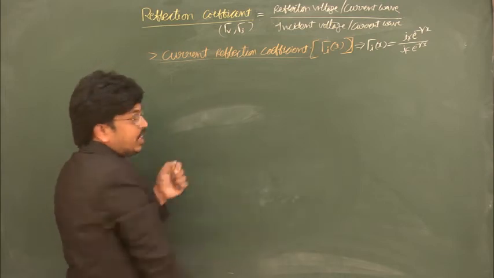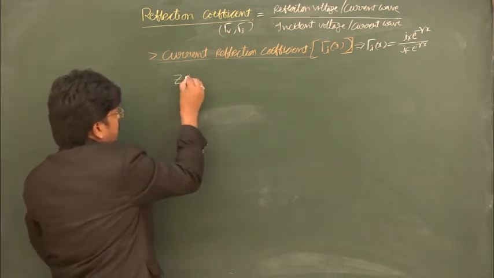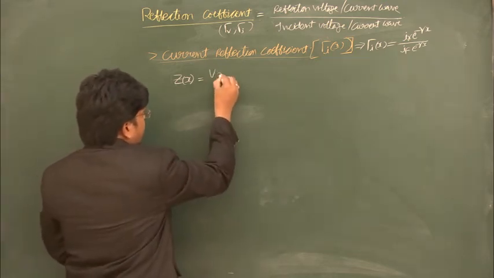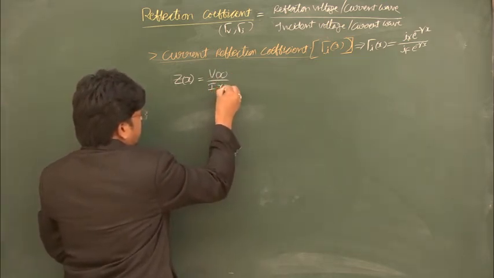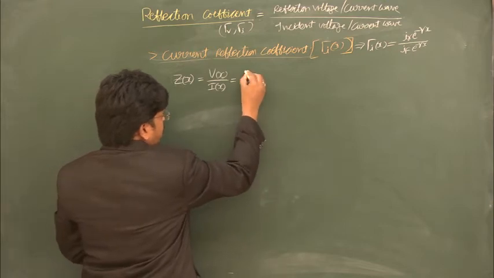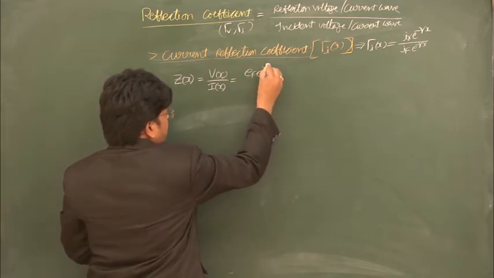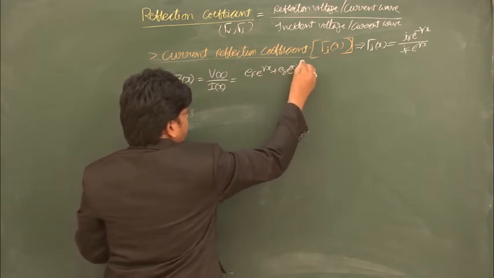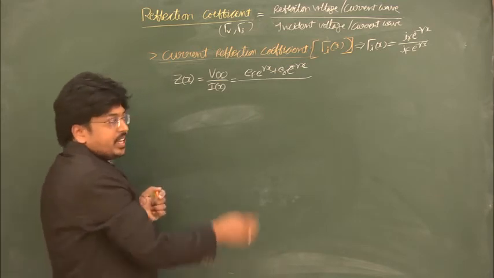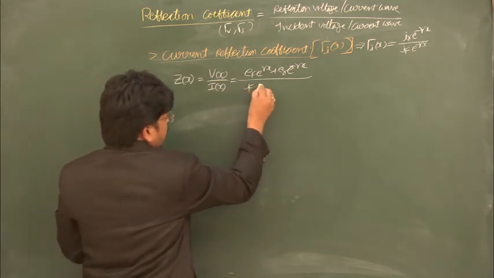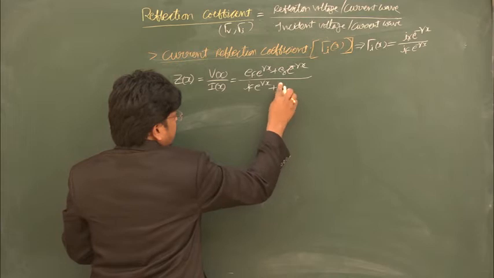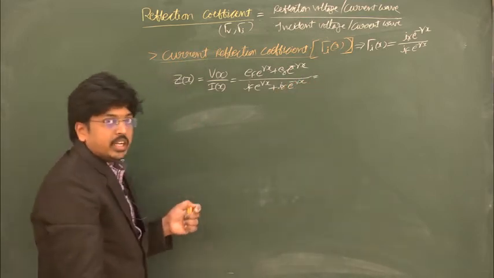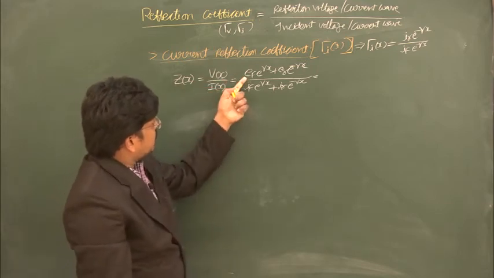Now again I take the Z of x value the same as earlier. Z of x is equal to V of x by I of x. Here V of x is equivalent to EF e power gamma x plus ER e power minus gamma x, divided by I of x, equivalent to IF e power gamma x plus IR e power minus gamma x. Now we have to replace the EF value.